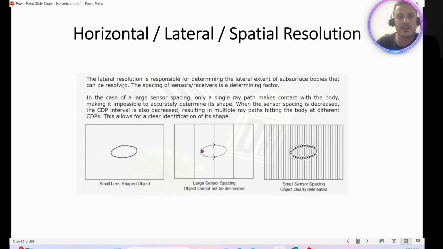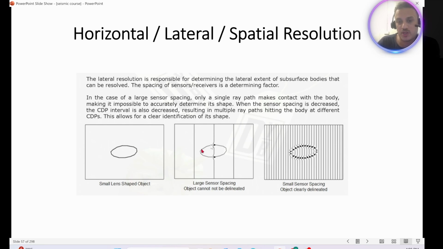The factor that controls the horizontal resolution is the CDP, the common depth point. The common depth point is the midpoint between the source and the receiver. If you use large sensor spacing, objects cannot be delineated. If the receivers are far apart, you cannot catch the small lenses in the middle.